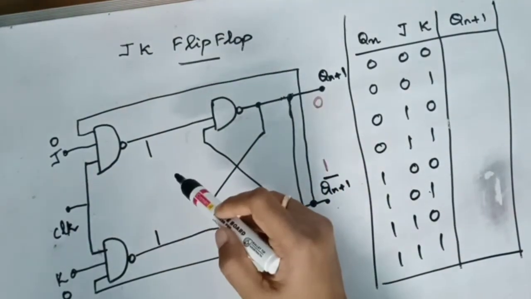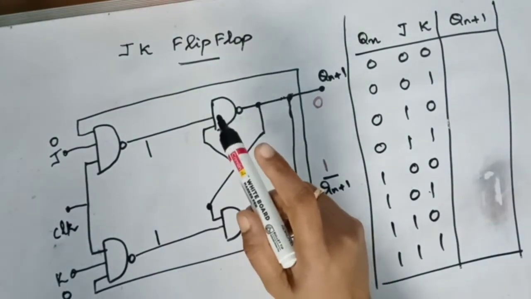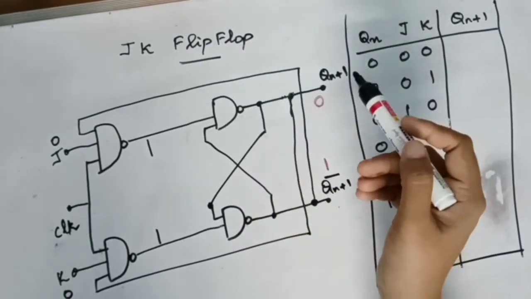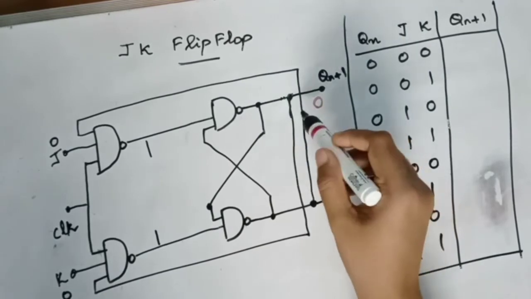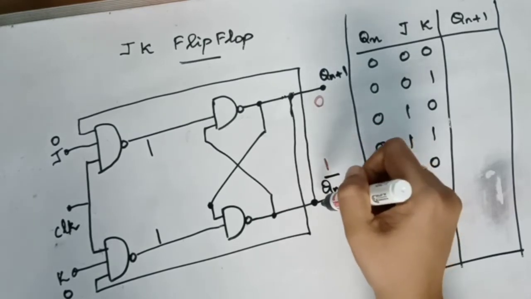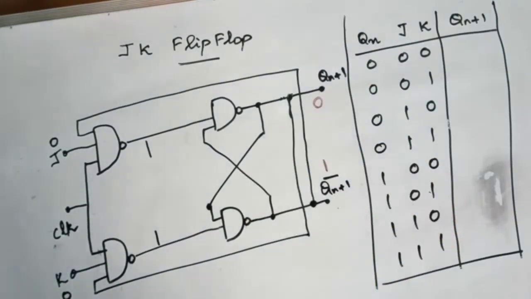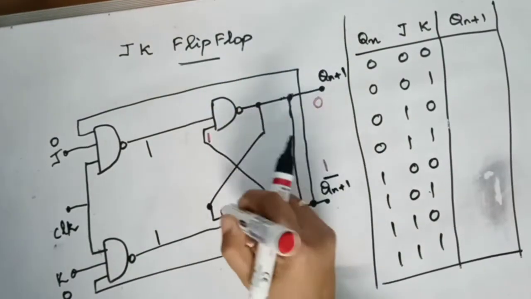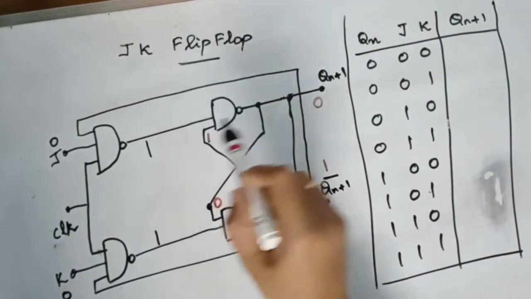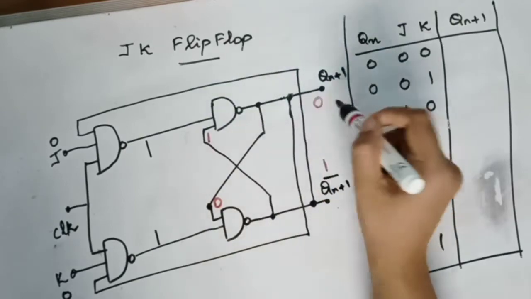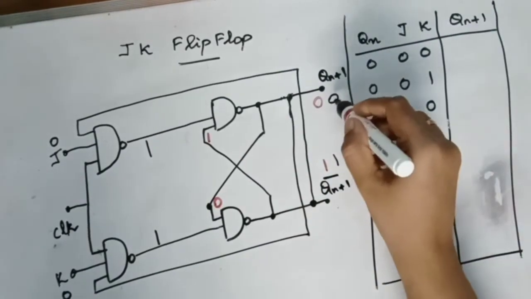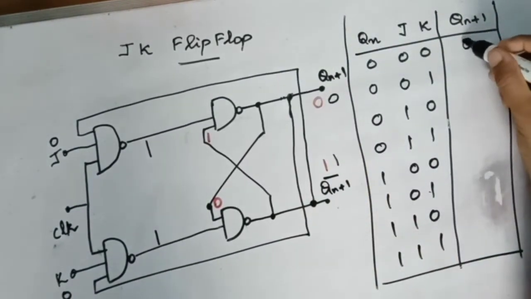We can't predict the output, because if it gets a 1 at the input, you should know what the other input is. So in that case, you have to take the output, that is the previous state. Here the previous state is 1 and here the previous state is 0. So 1, 1 gives 0, and 1, 0 gives 1. Since Qn plus 1 is 0, you write a 0 here.